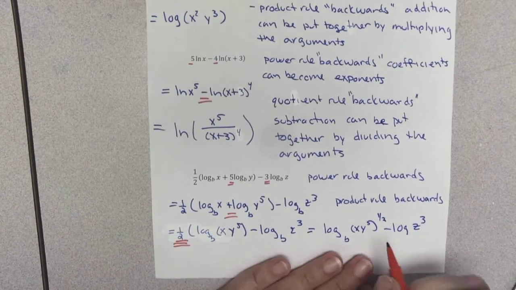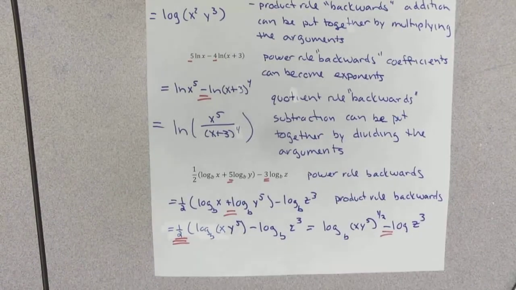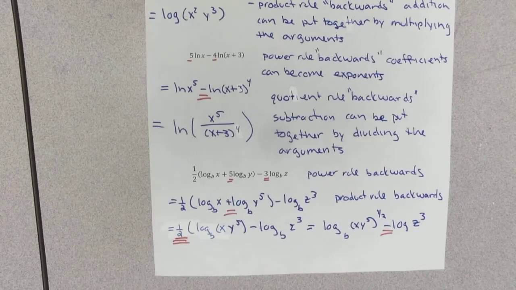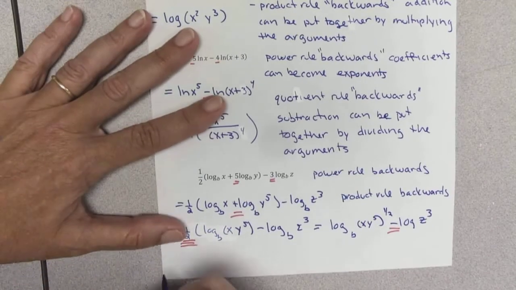Then lastly, looking at that minus sign, quotient rule backwards. I'm running out of room, I should have put this on another piece of paper, so I won't write it, but I'll say it. Quotient rule backwards, subtraction can be put together by dividing the arguments.